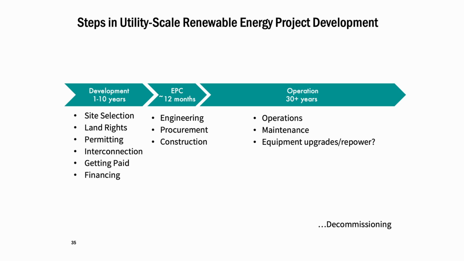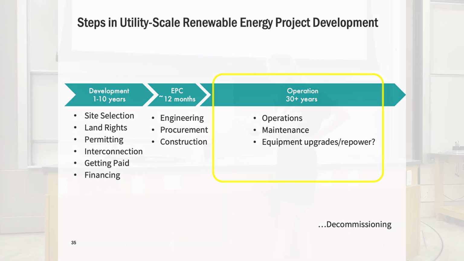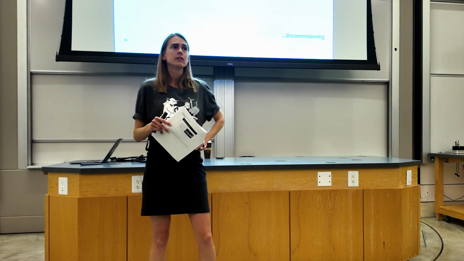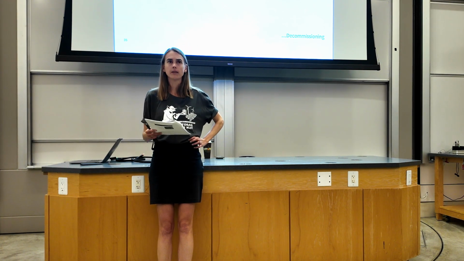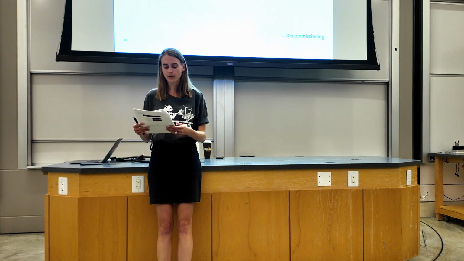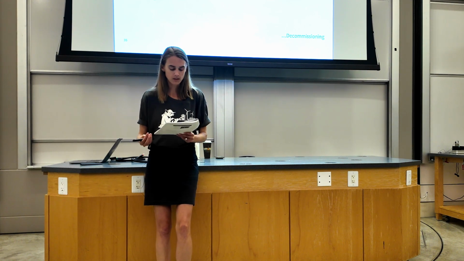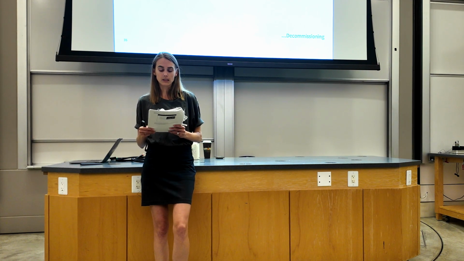Once development is complete, then the construction phase starts, the EPC, engineering, procurement, and construction. That can take about 12 months, give or take, depending on the size and the type of the project. And once a project is up and running, it can operate for 30 years. 10 years may seem like a long time for project development, but it's not uncommon when you're talking about a big infrastructure project, given the interconnection and permitting processes and the time that those types of things take.